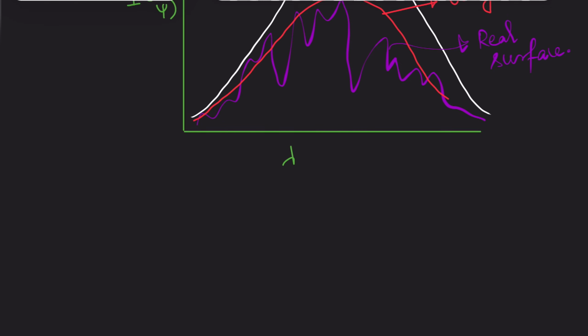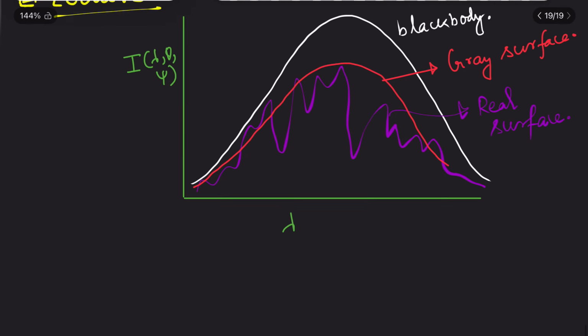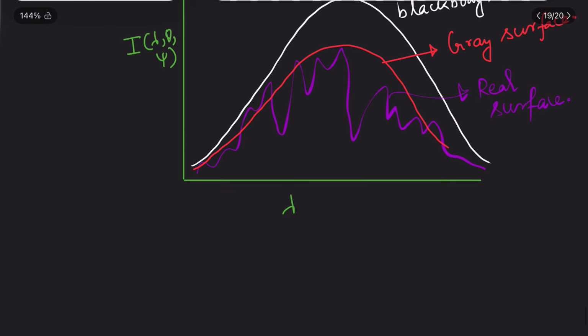Now this is our problem, that we take things very lightly and think that things are not varying with lambda. No, you have to be very specific about which is not varying with lambda. Surface properties are not varying with lambda.